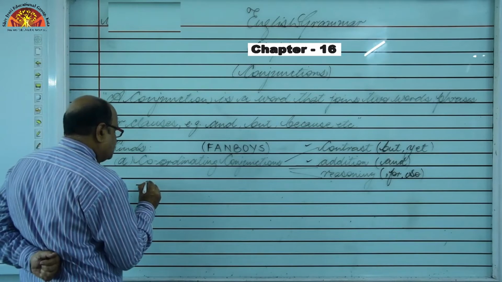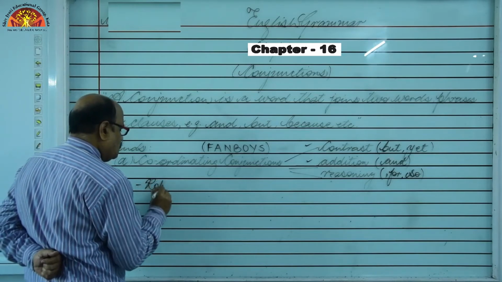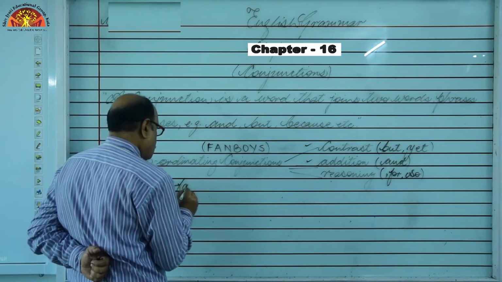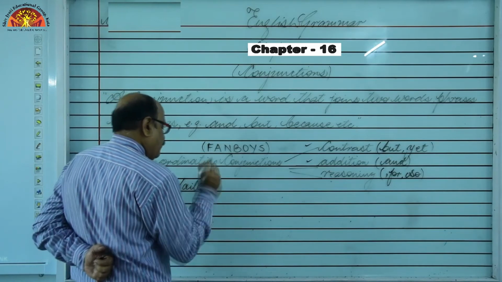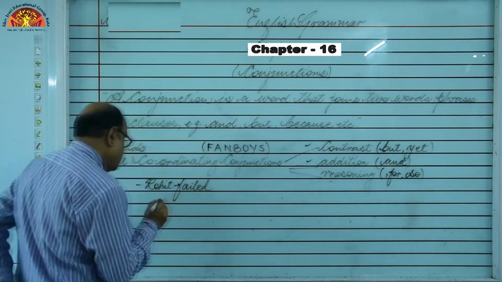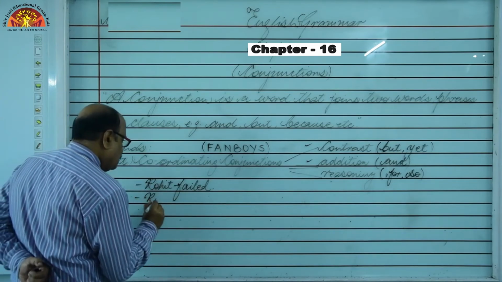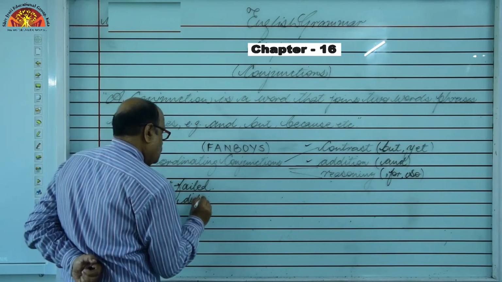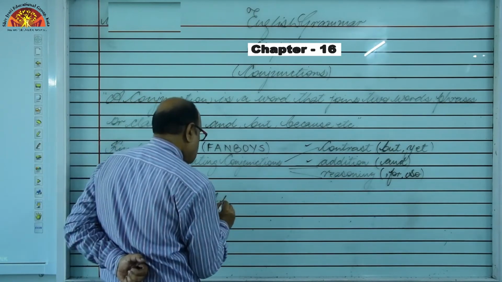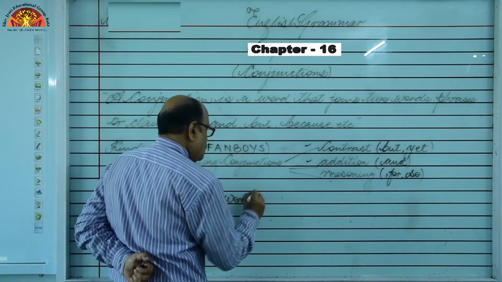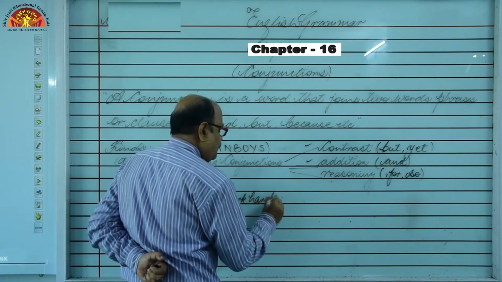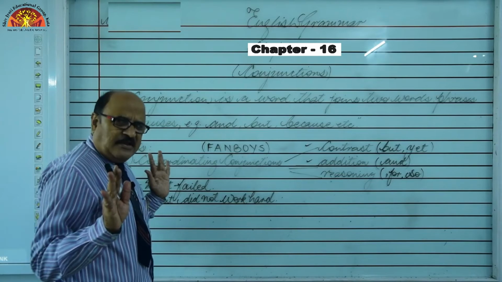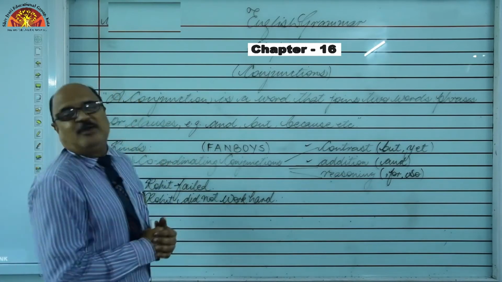Suppose the sentence is Rohit failed. Rohit did not work hard. These are two separate independent sentences, but we have to combine them into one, we have to join them.